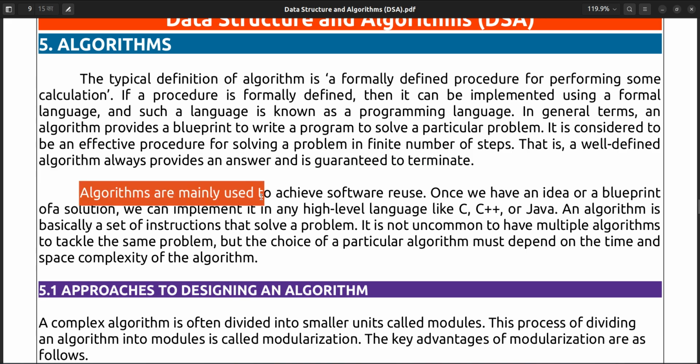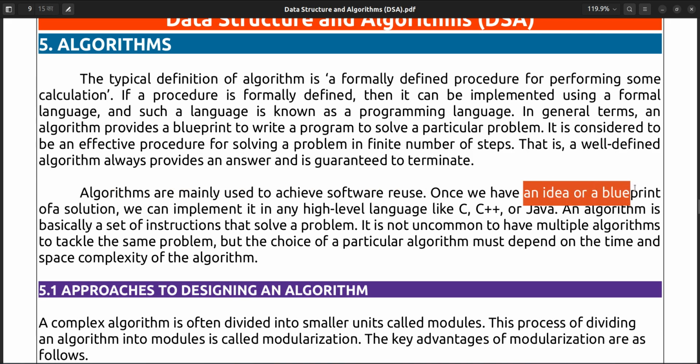Algorithms are mainly used to achieve software reuse. Once we have an idea or blueprint of a solution, we can implement it in any high level programming language like C, C++, Java, Python, or any other.